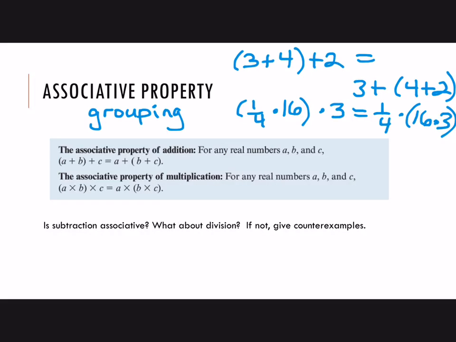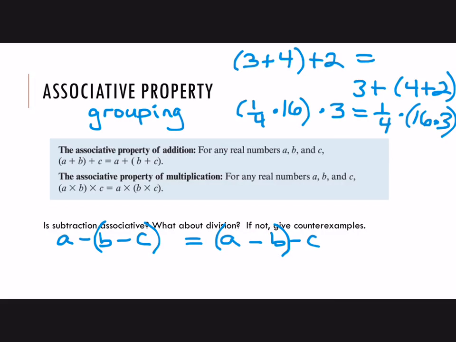Alright, what about subtraction and division? Are those associative? I'll leave this one for you to answer, but to check this, we want to know, is a minus b minus c, and if I put the parentheses in two different places, around the b minus c or around the a minus b, are those two expressions the same?